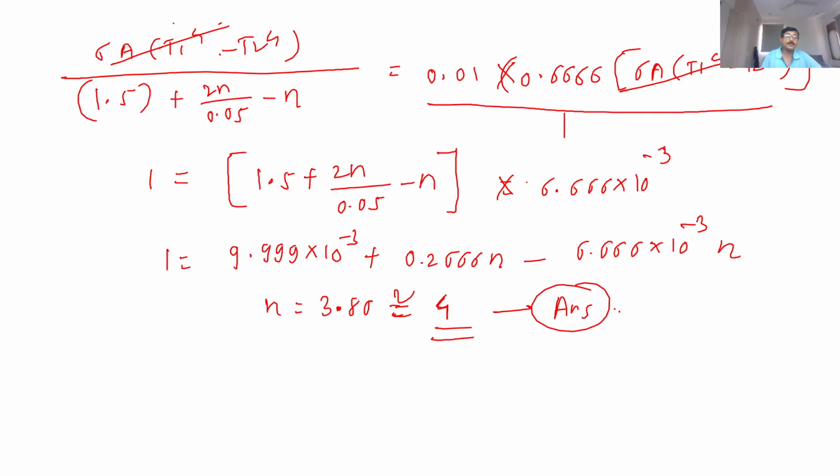You can calculate the above expression; I have written it directly, but you can calculate it. It comes around 3.80, so equal to 4. We'll go to the next problem.